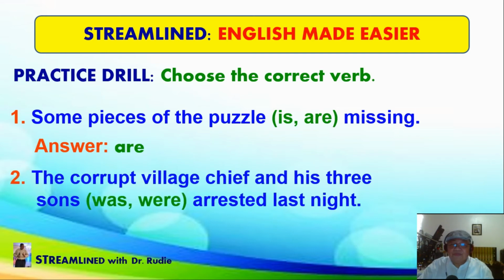Number 2. The corrupt village chief and his 3 sons were arrested last night. What do you think? The correct answer is were, because we have 2 subjects, corrupt village chief and his 3 sons, connected by and.